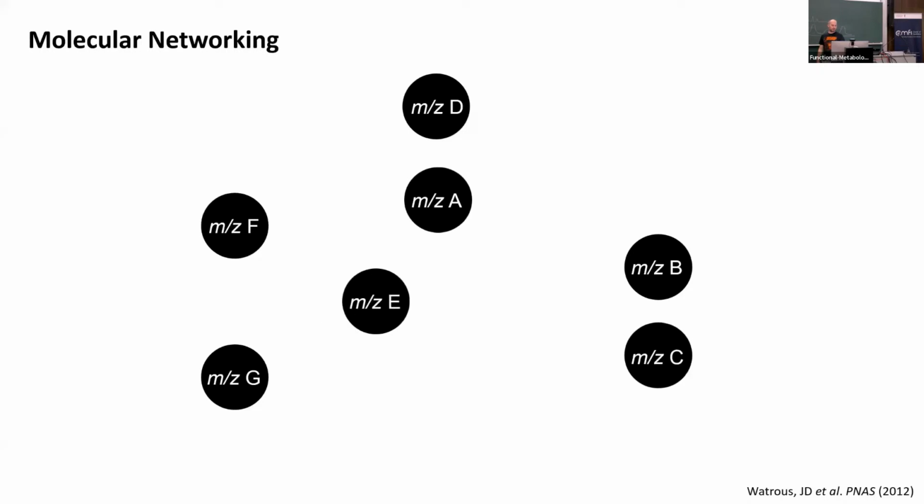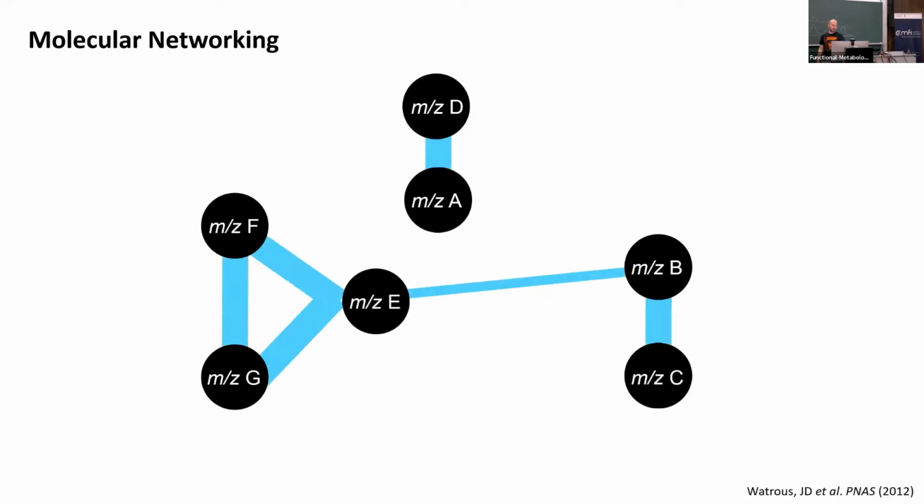So now we can organize this in networks and then propagate annotation within these networks. If one of them, the one with the green check mark, had a library hit, so a level 2 ID, then we can say, okay, the neighboring nodes are very similar, so they're very likely to be similar molecules. Then depending on the chemical knowledge you have, you look at the delta and the fragmentation patterns, and you may come up with a structure, like I did for the albicidins.